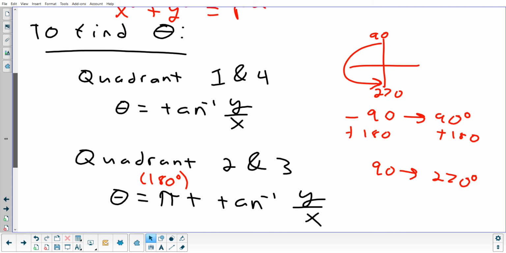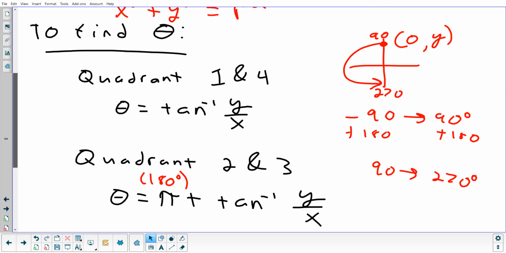Now, think about if you had a point on the y-axis. What's the x value of a point that's on the y-axis? 0. And the y value, well, we don't know. Some y value. Could be positive or negative. But the problem is, what would happen if you tried to plug in a coordinate that was on the y-axis into one of these formulas?